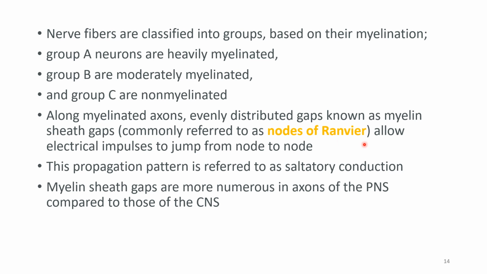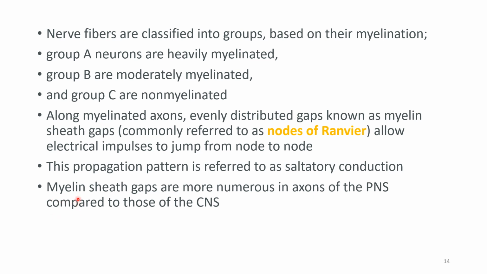These are the gaps between the myelin sheath and they allow electrical impulses to jump from one node to another node. So fast conduction of impulse is possible. This type of conduction is called saltatory conduction because it appears that electrical impulses are jumping from one node to another node.